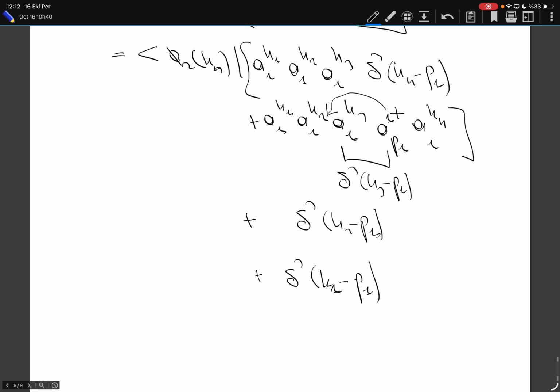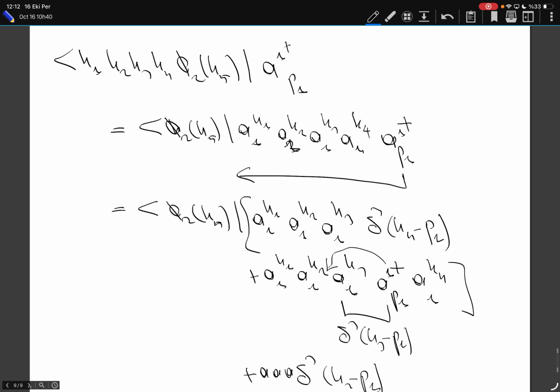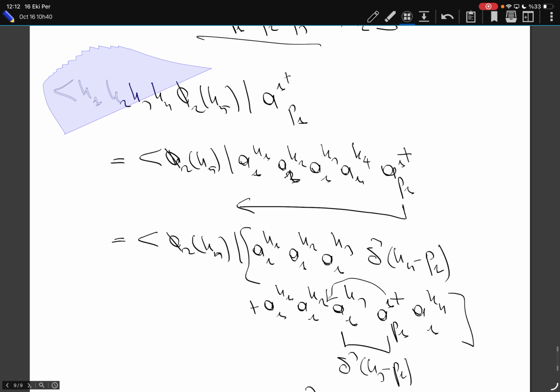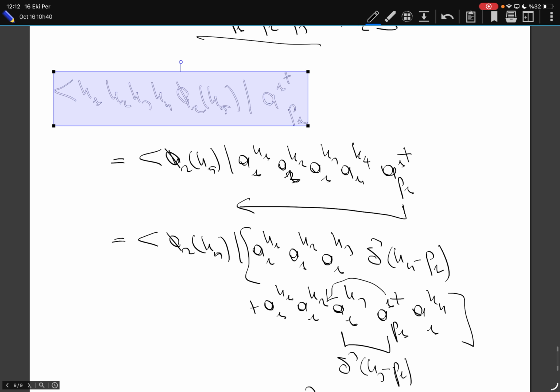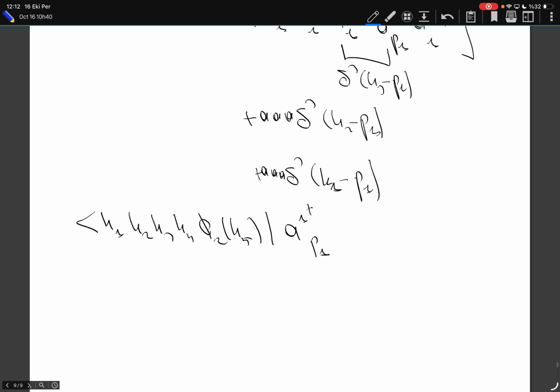And 3 A's. So what will this be? This state will be Dirac delta of P1 minus K4, K1, K2, K3, phi 2.